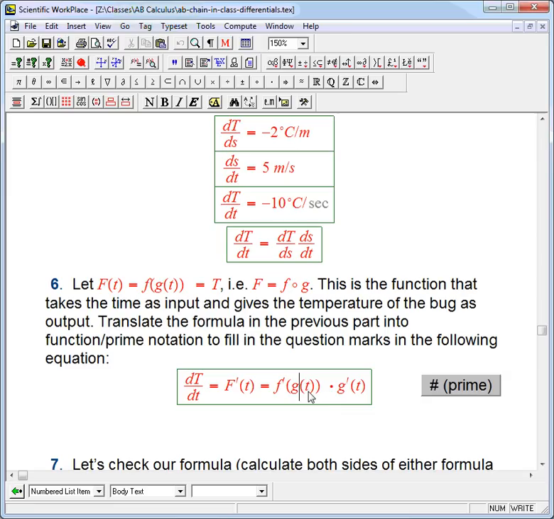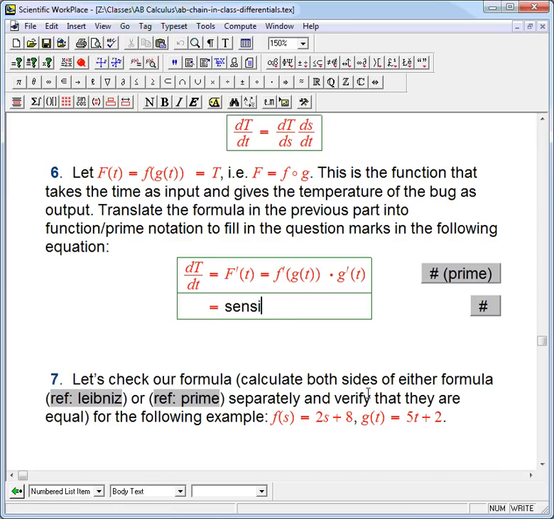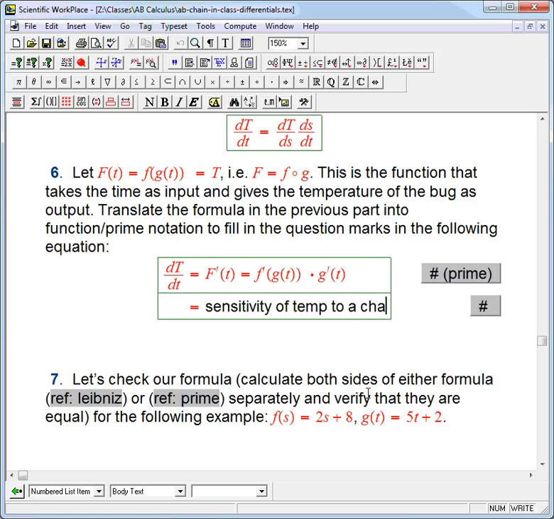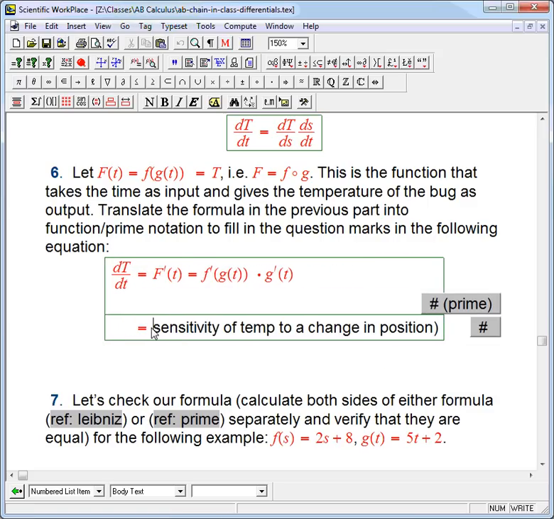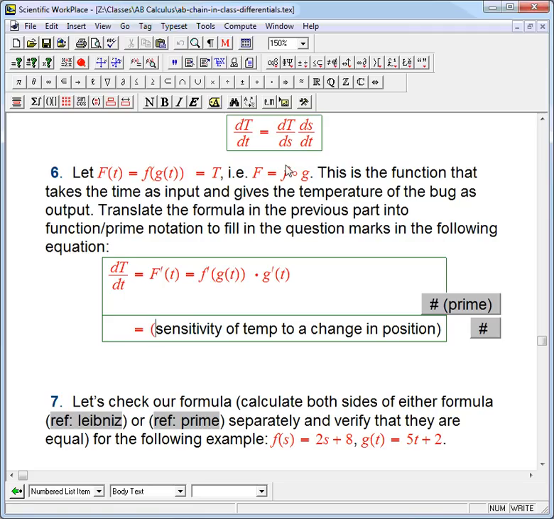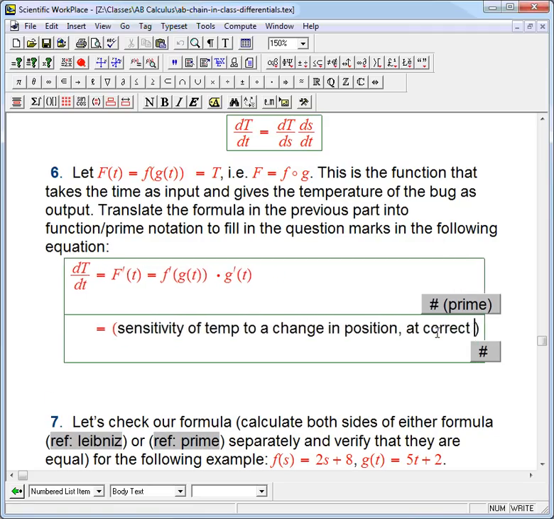So you look at what the clock setting is, you find out where the bug is, you then look at how sensitive the thermometers are to a change in position at that position, and then you multiply that sensitivity by how fast the bug is actually moving. So that's worth writing down in itself. It's the sensitivity of temperature to a change in position. That's a big long-winded way to say this dT/ds, or f prime of g of t, at the correct position.